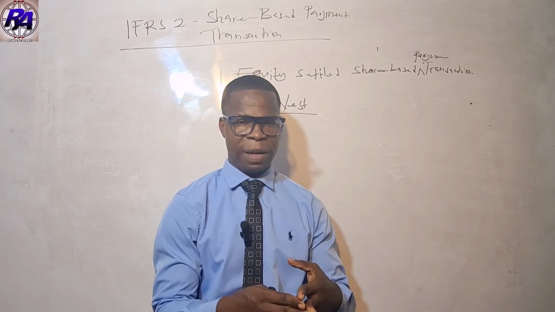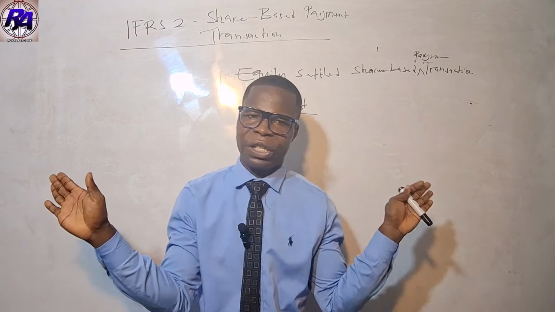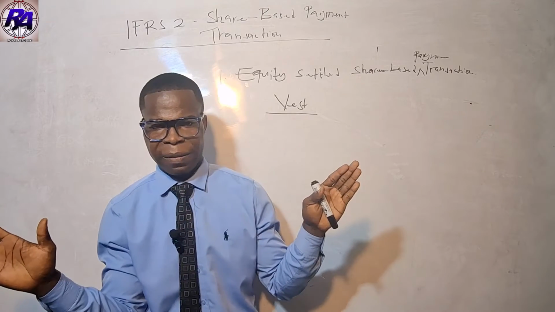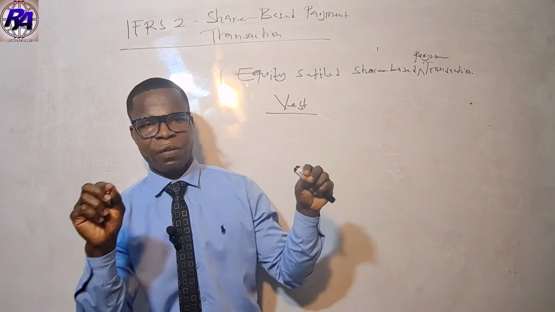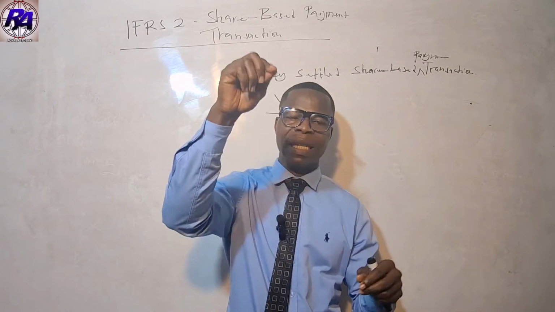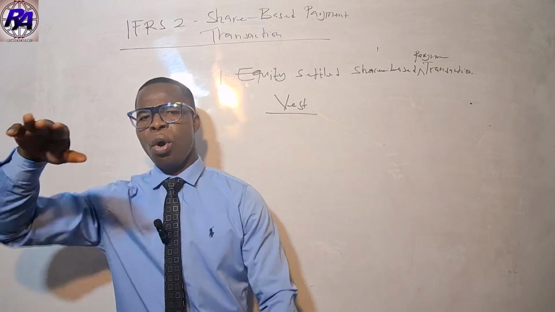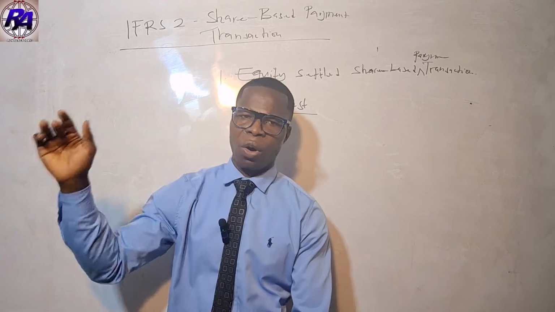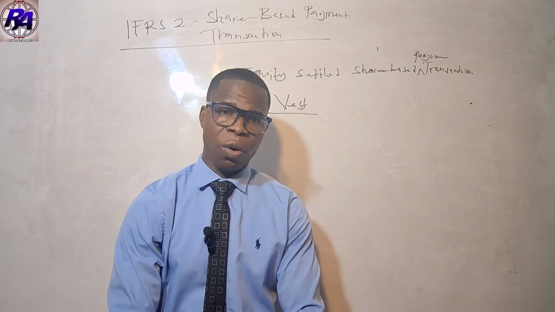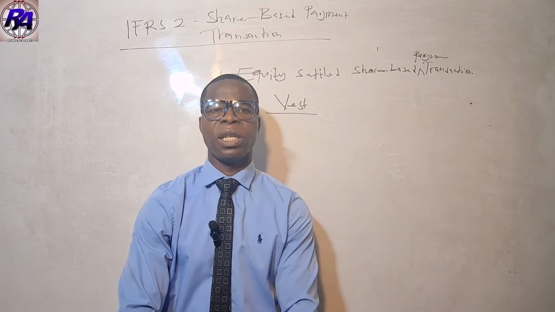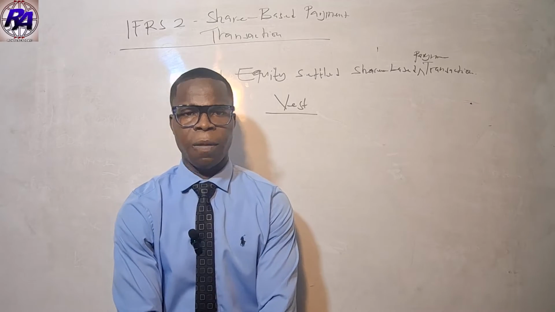If the transaction vests, it means that there is no service condition and no performance condition. So on that date, the employee becomes unconditionally entitled to all equity instruments and all share options being issued by the entity.